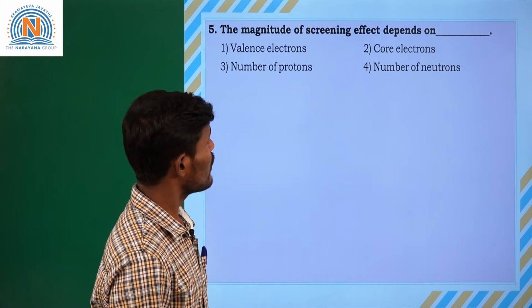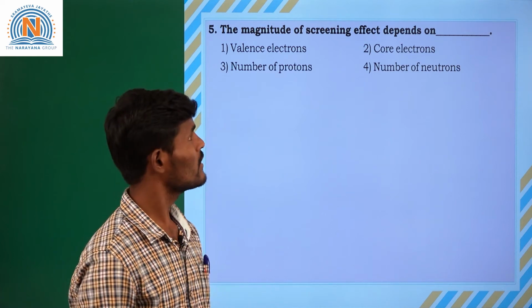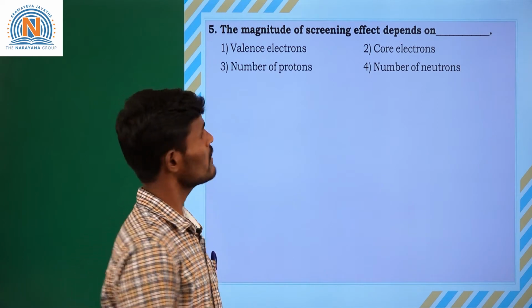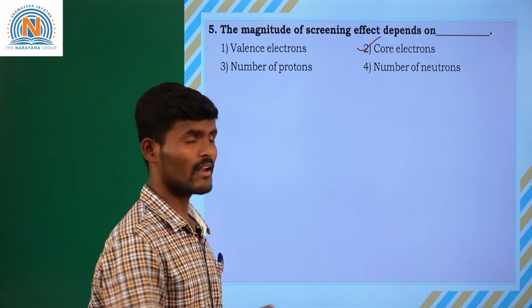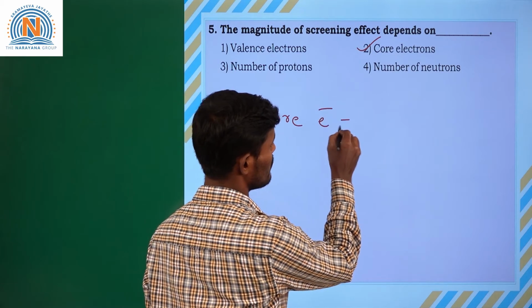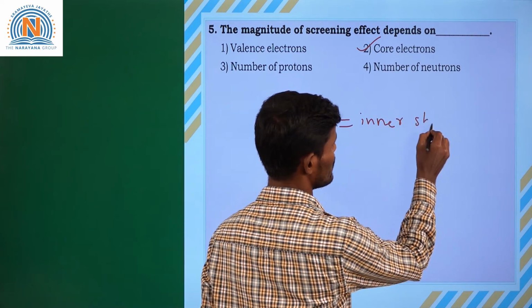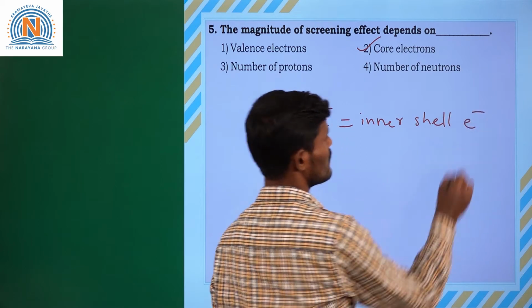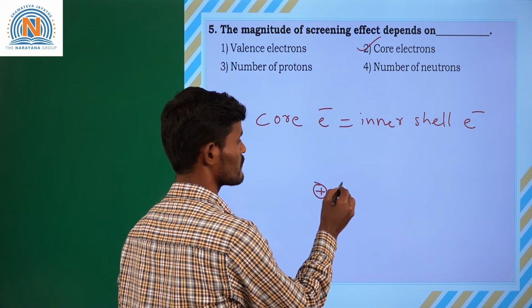The magnitude of screening effect depends on core electrons. Core electrons mean inner shell electrons. This is the nucleus.